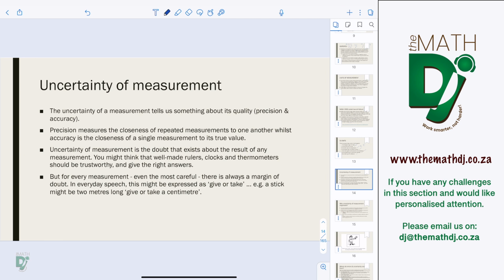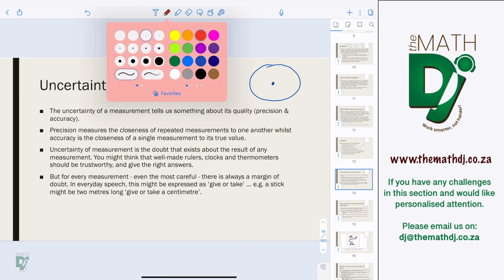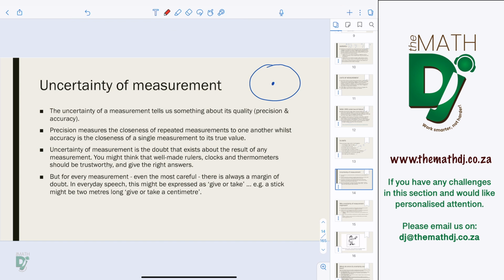Let's say you've got a bull's eye, or you're playing darts. So this is the middle, the bull's eye. If you are talking of precision, it means if you throw maybe 3 darts and they hit around here, you can say you are precise. But your main target is the bull's eye.